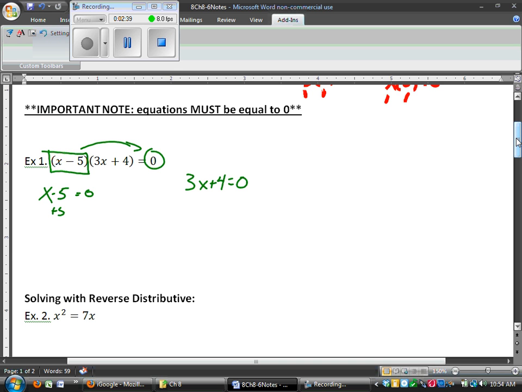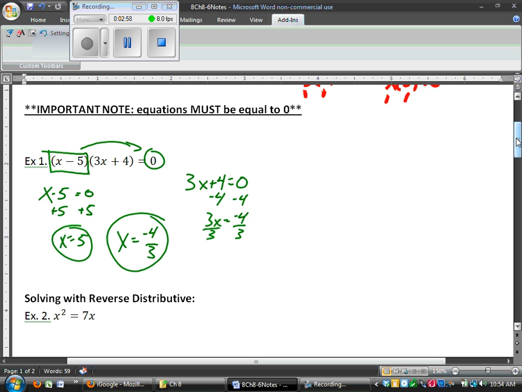So if we make them both equal 0 and solve for x, we get x equals 5. Or over here, if we subtract 4, 3x is equal to negative 4, so you divide by 3, and x is equal to negative 4/3. Those are the two things that x could be for this solution to be true.